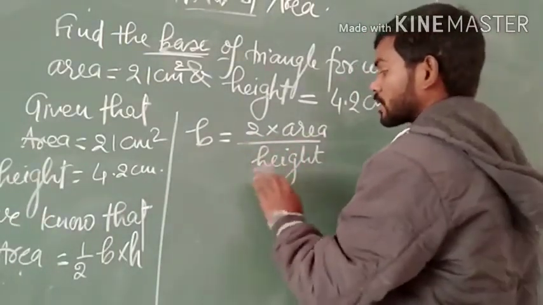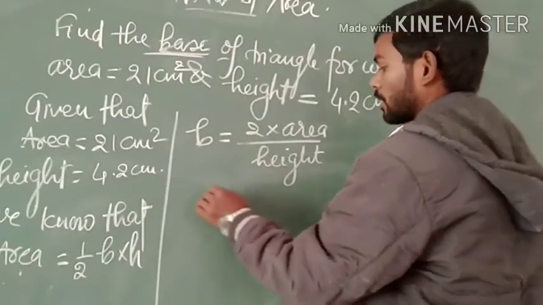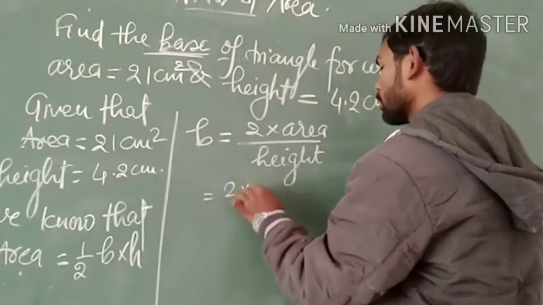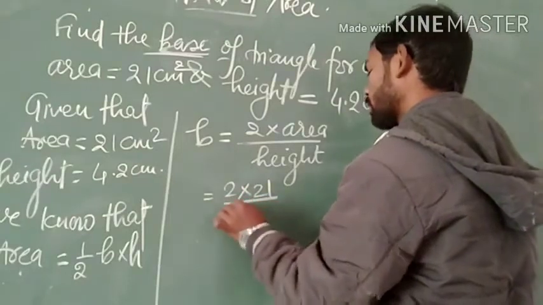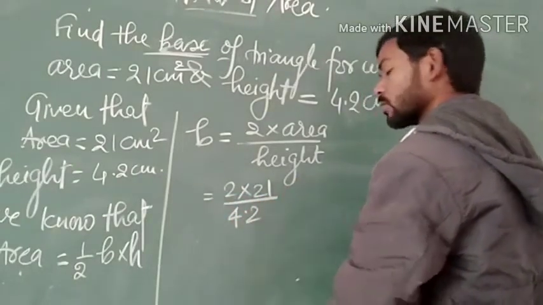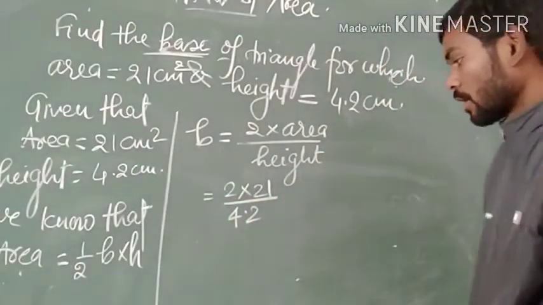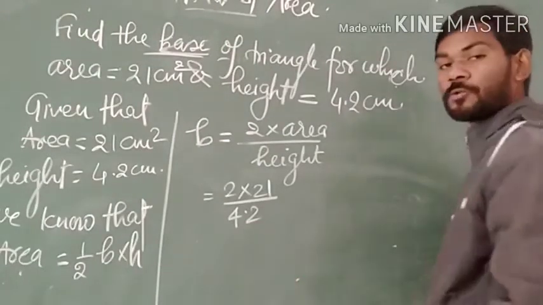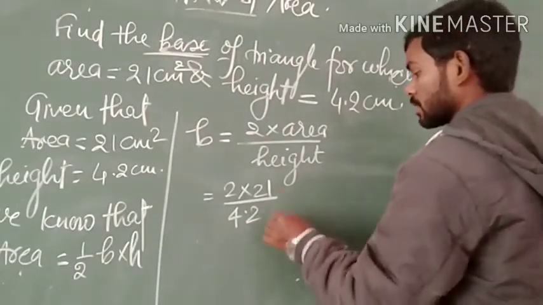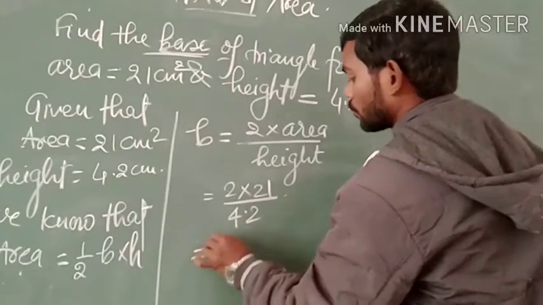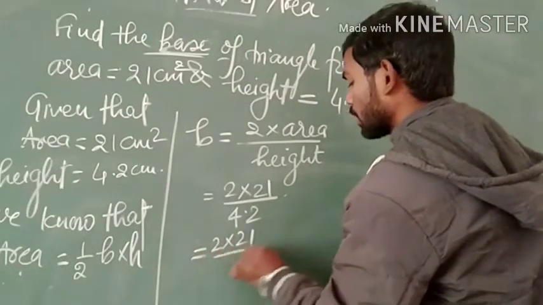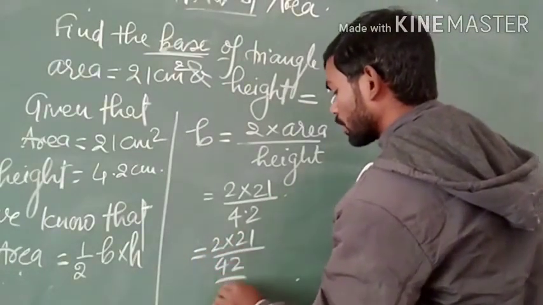Now put the value here, we get 2 into 21 upon 4.2. 4.2 can also be written as 42 upon 10.